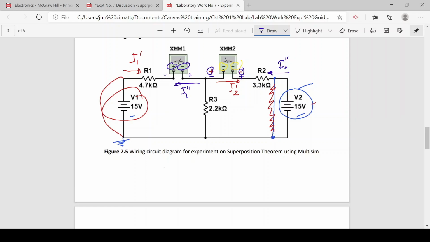This is simply, in an actual circuit, to not damage the ammeter by reversing the current into its coil. But in software, what you will expect here is the reading of negative values. You may not interchange the terminal, but expect that the reading would be negative.